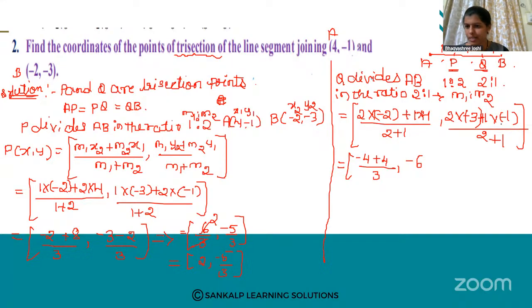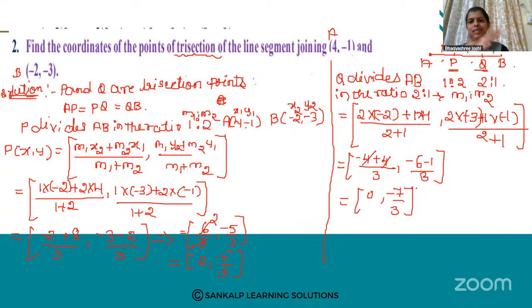Right? Plus into minus 1 divided by 3. Now, dear children, minus 4 plus 4 will get cancelled. That is 0. So 0 divided by 3 is 0 only. Minus 6 minus 1 is minus 7 divided by 3. These are the coordinates of Q.